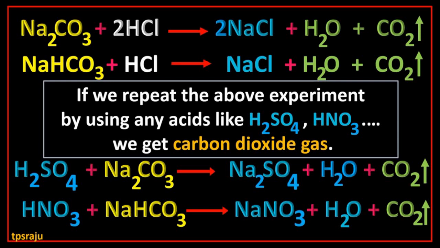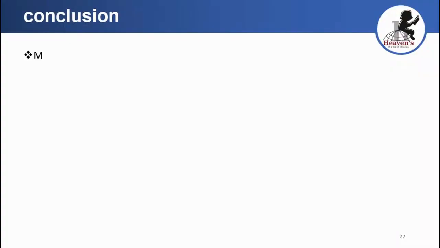If you repeat the activity with various acids like sulfuric acid, nitric acid, or any other acids, we get carbon dioxide. So finally, when metal carbonates or bicarbonates react with acids, carbon dioxide is produced.